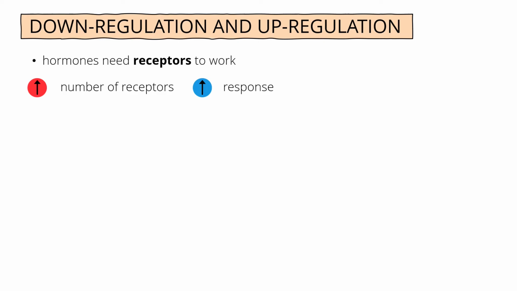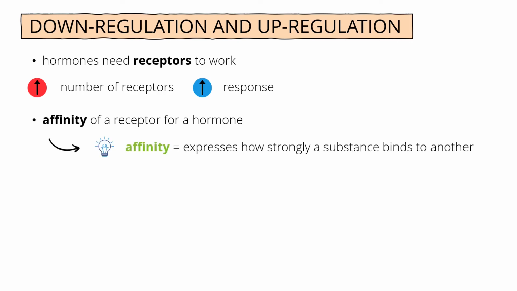The second important factor is that there's the so-called affinity of a receptor for the hormone. Affinity simply tells us how strongly a certain substance binds to another. So in this case, how strongly the hormone binds to a receptor. Again, the higher the affinity, the stronger the hormone binds to the receptor, the better the effect, the response.